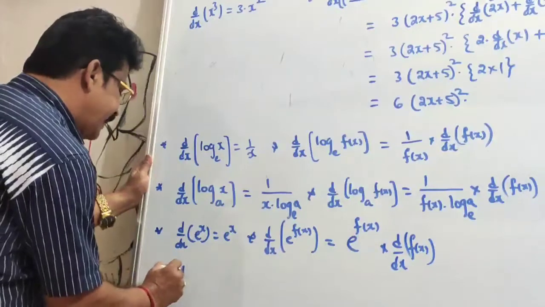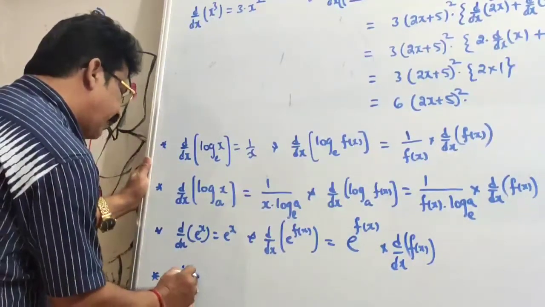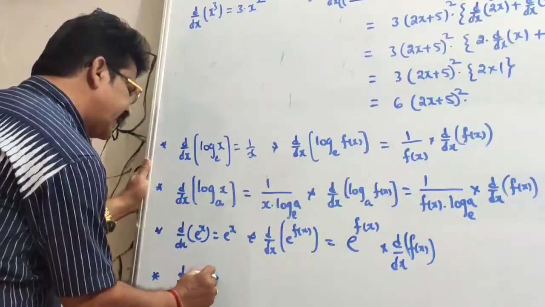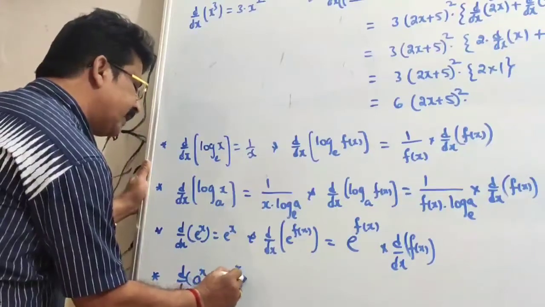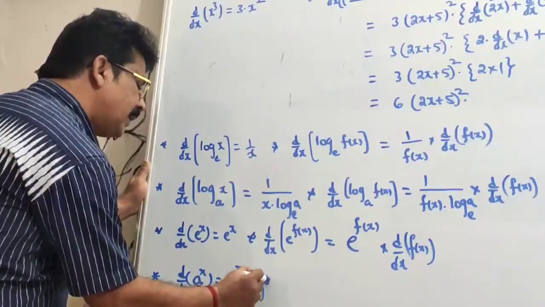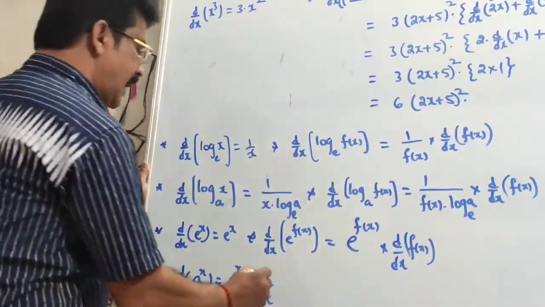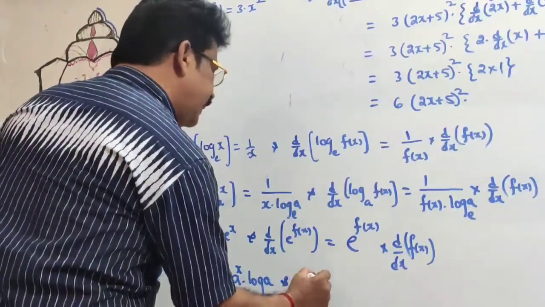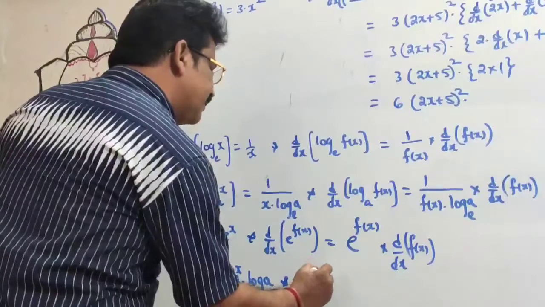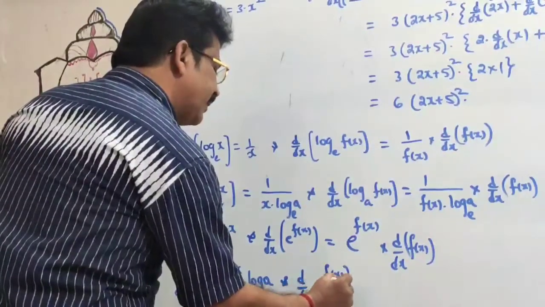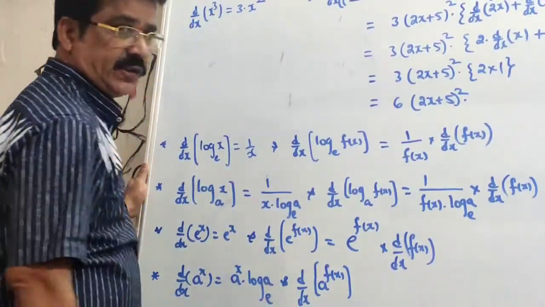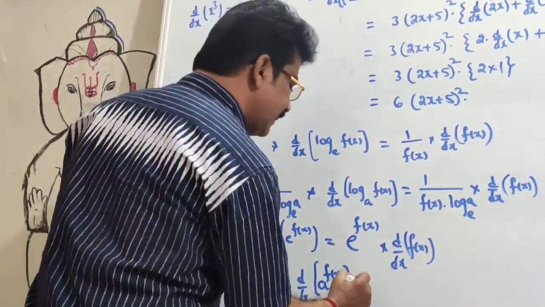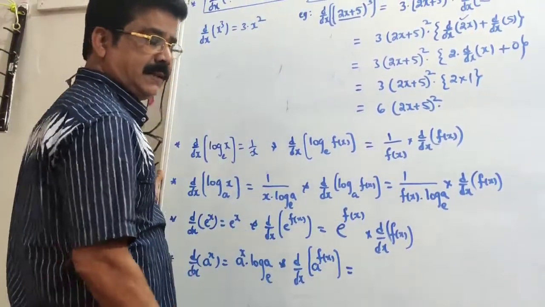Next, d by dx of a power x is a standard formula: a power x into log a to the base e. And d by dx of a power f of x means other than x, whatever function it is.